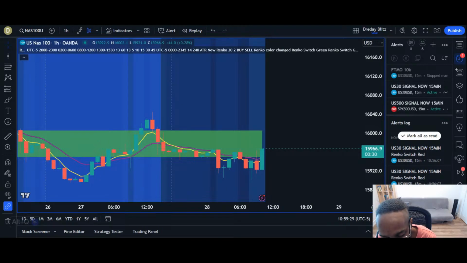I'm pretty sure your Renko is not on the 4 hour, it's on the 1 hour. So double check your settings. If you're looking at the 1 hour chart, your Renko needs to be on the 4 hour Renko.